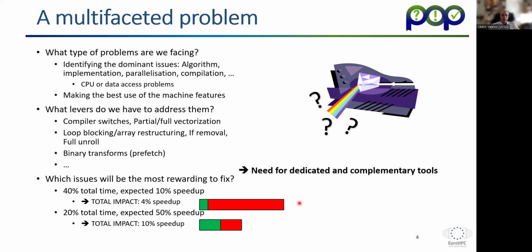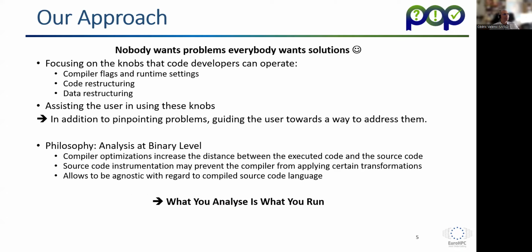But if we had a way to predict that optimizing this particular issue will yield a 10% speedup, while at the same time a smaller section may yield more expected speedup, it will be interesting in that case to start with the second one first. And so this is the kind of issue that we keep in mind in our approach.